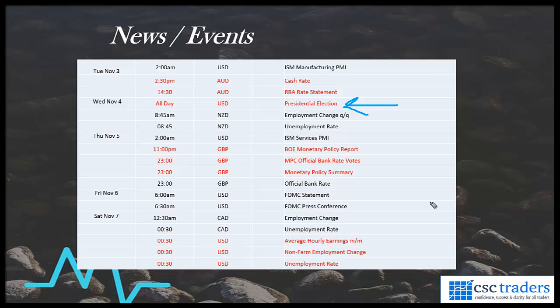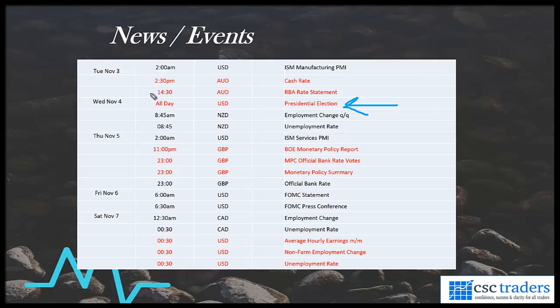Probably the flow from stocks in or out of the currency is the biggest mover. So look out for the US dollar, and look out for any index traders, if you're trading the Dow Jones or the Aussie 200, any of the major exchanges. Okay, so that's the elections.